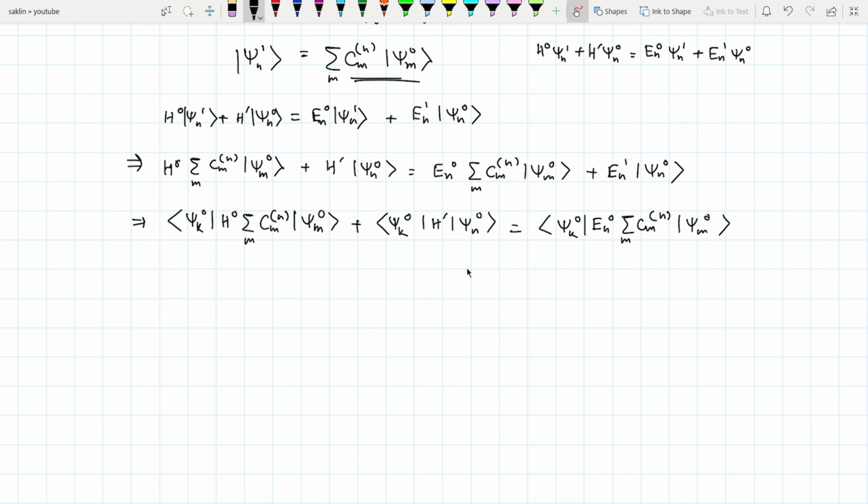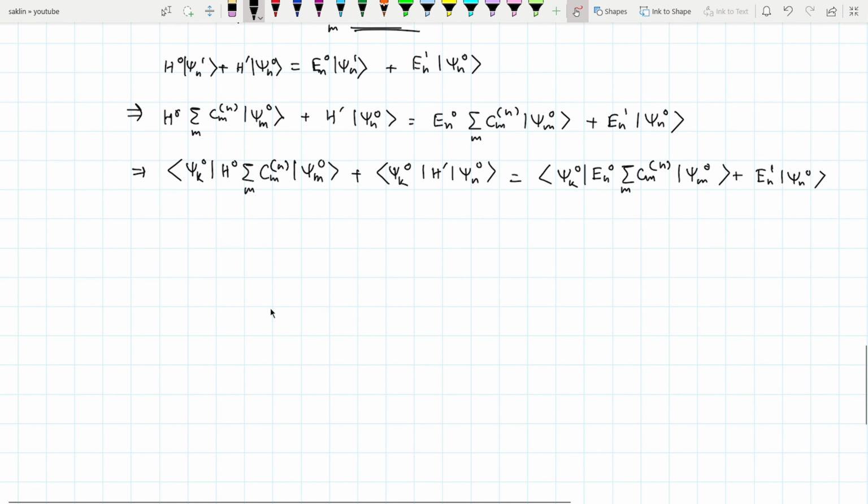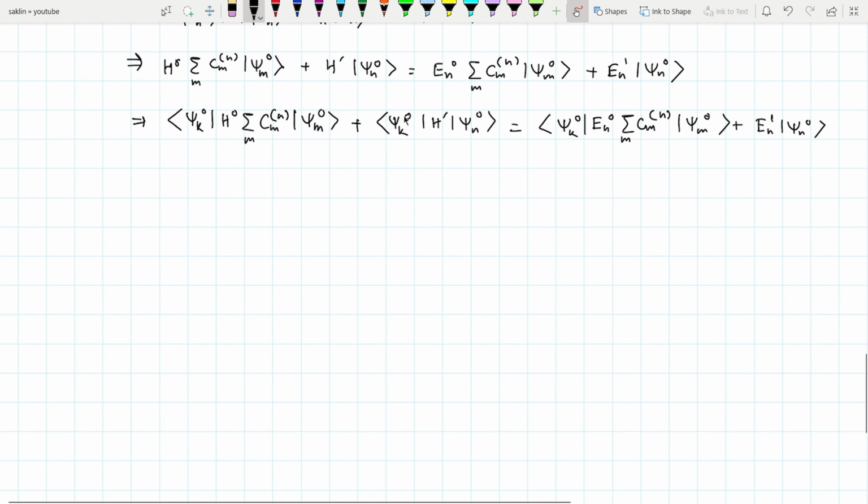Now the last term. From here I can take the summation out, and also A0 operates on psi m, then that will be psi m Em, and the summation remains the same.